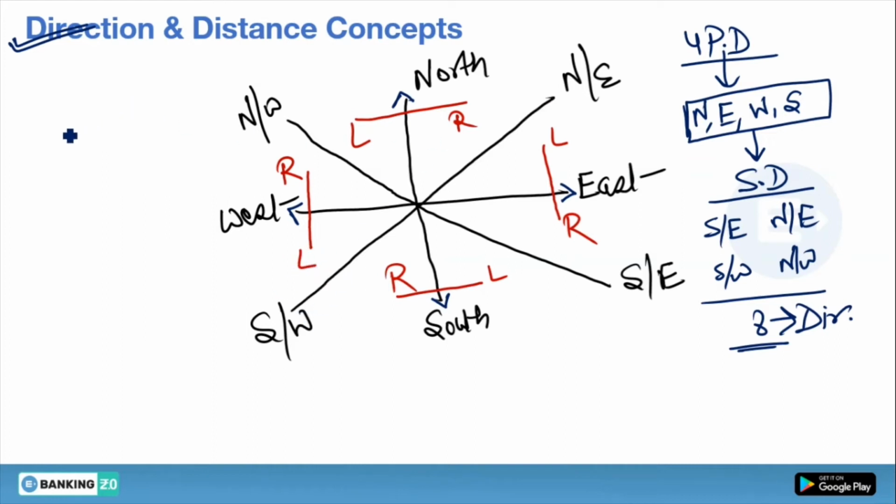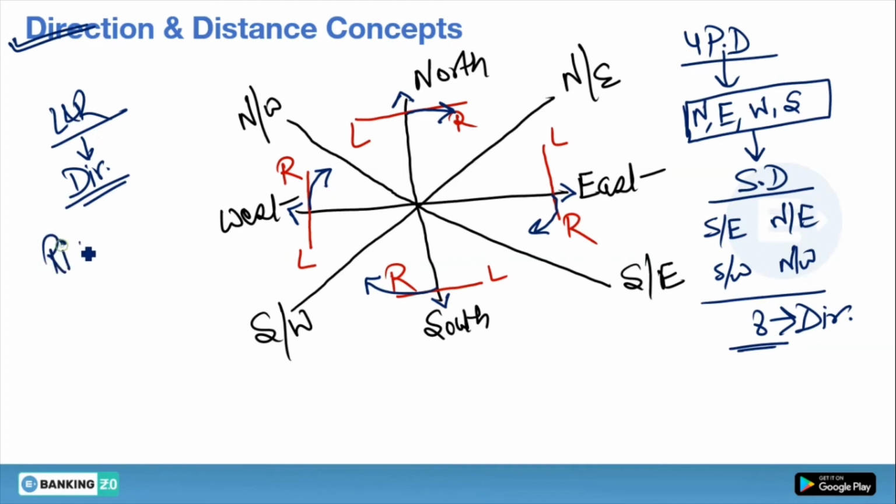So how do we remember left and right in every direction, or solve questions based on left and right in the direction and distance topic? We can easily observe that right in every direction goes in the clockwise direction.